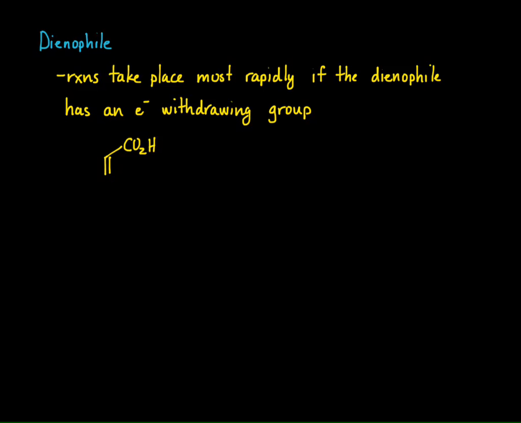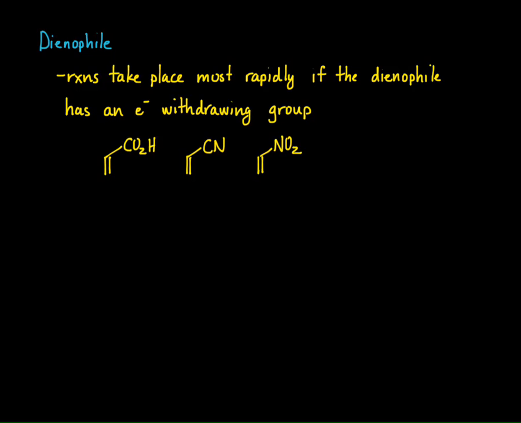And therefore, anything that has a carbonyl, carboxylic acids, esters, amides, acyl halides, ketones, are going to be electron withdrawing groups. Also, nitriles are electron withdrawing groups. The nitrogen withdraws electron density away from the carbon, making that carbon partially positive. We can have groups like nitro groups.